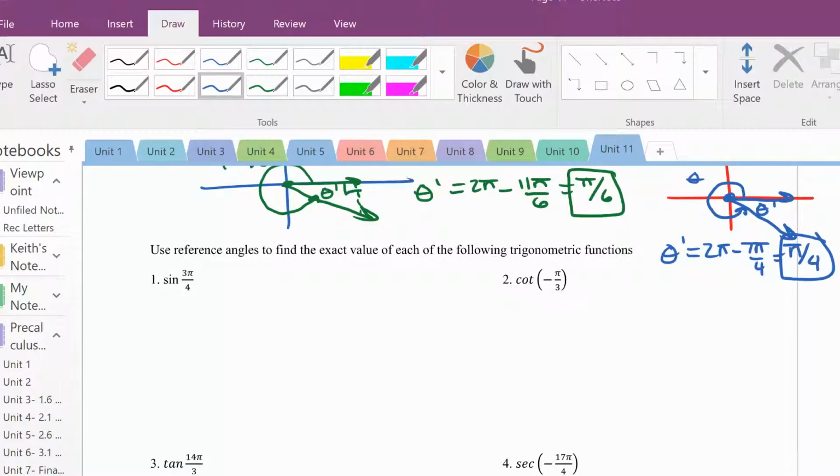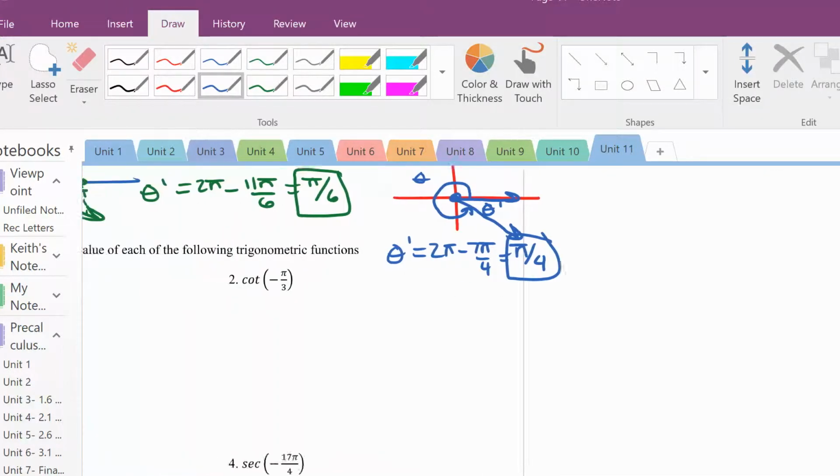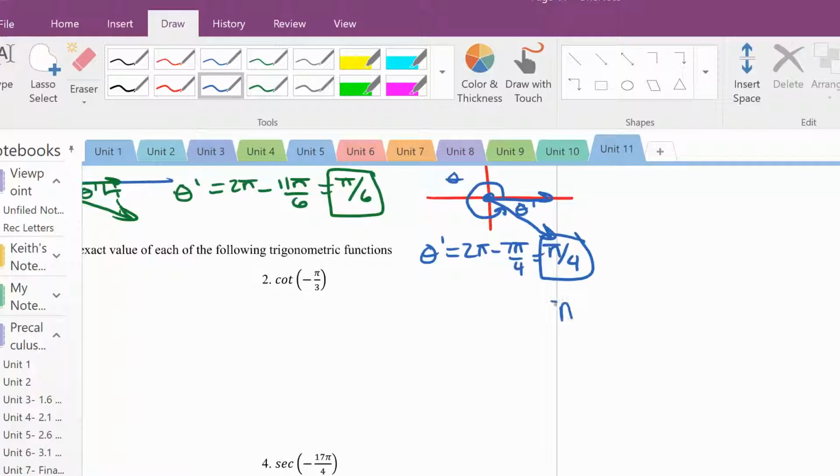Now remember the chart that we used before, that pi over 3 is equal to 60 degrees. Pi over 4 is equal to 45 degrees. And pi over 6 is equal to 30 degrees.